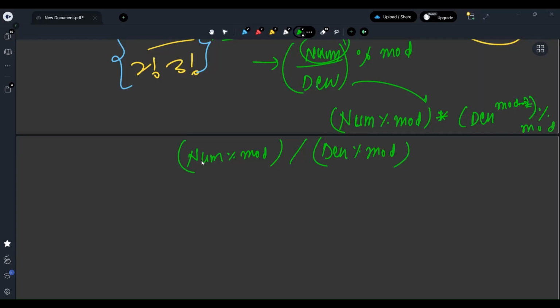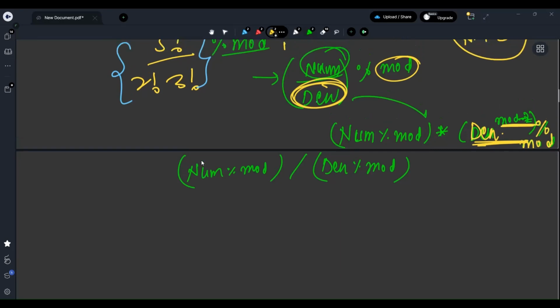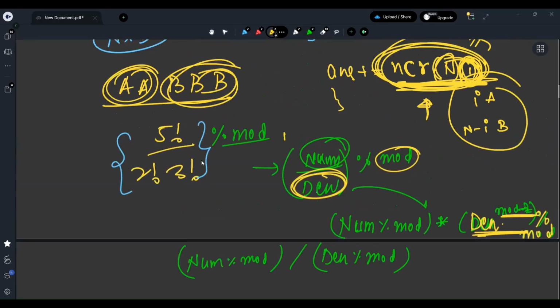This is the formula, from Fermat's little theorem in competitive programming. Within that we learned that whenever a number is in division, we take it as the base and mod minus 2 as the power, and we do modulo mod. So this is what we have to achieve.